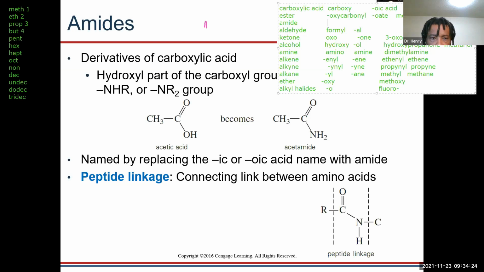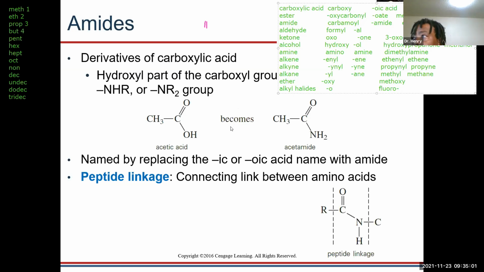So the prefix would be carbonyl. The ending would be amide. An example is amide.